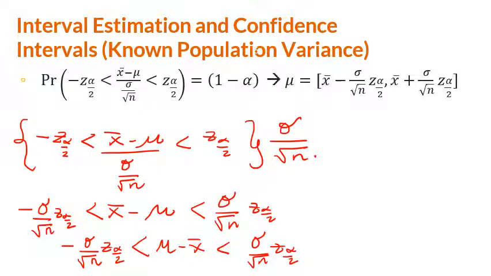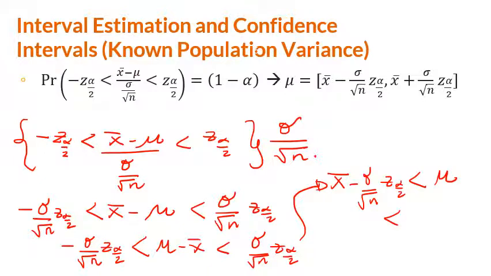So now we have our interval for our population mean. So it's x bar minus sigma over square root of n z alpha 2 less than mu less than x bar plus sigma over square root of n z alpha over 2.